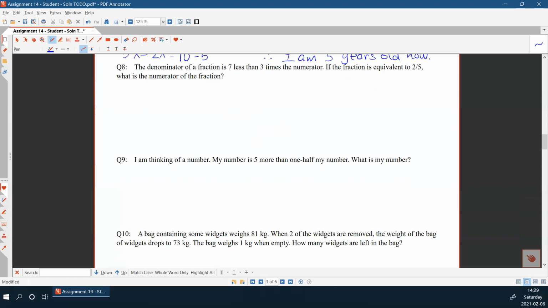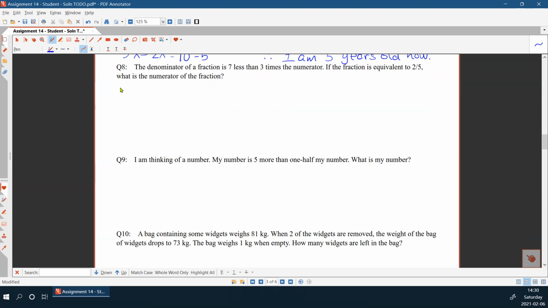Okay, let's have a look at question 8. The denominator of a fraction is 7 less than 3 times the numerator. If the fraction is equivalent to 2 over 5, what is the numerator of the fraction? So here you want to find the numerator of the fraction, right?